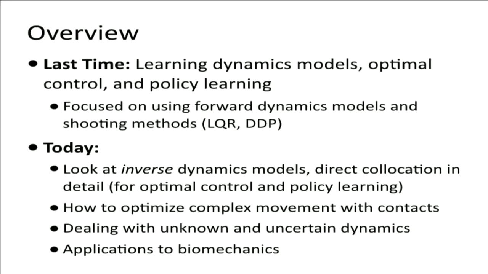Those lectures mostly focused on using forward dynamics models and shooting methods, such as LQR, iterative LQR, or differential dynamic programming. Today, I'm going to cover the same goals, but we're going to look at inverse dynamics models and direct collocation methods in more detail.